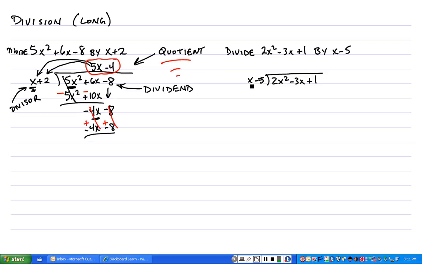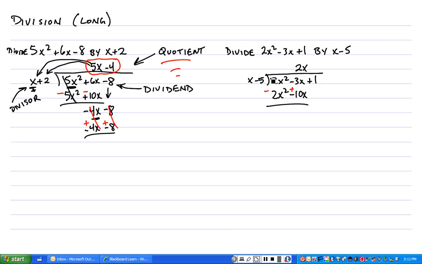What times x gives me 2x squared, or 2x squared divided by x would just be 2x. So 2x goes here over the x's. 2x times x is 2x squared, 2x times a negative 5 is a negative 10x. We change our signs, we get a negative and a plus.